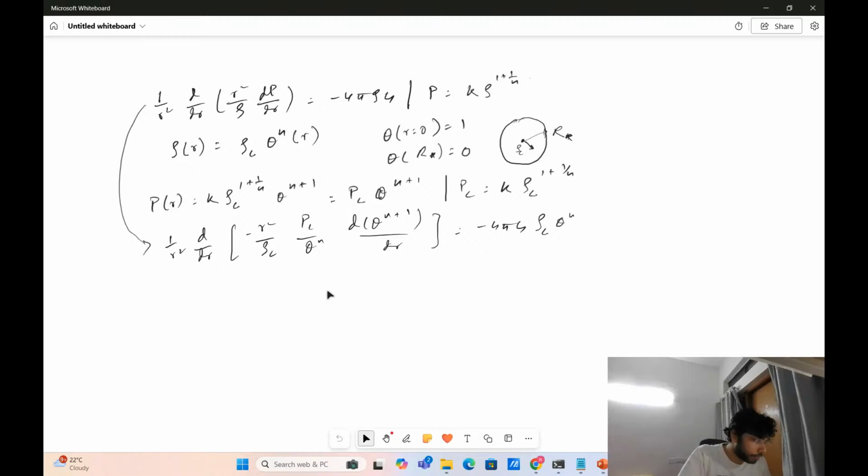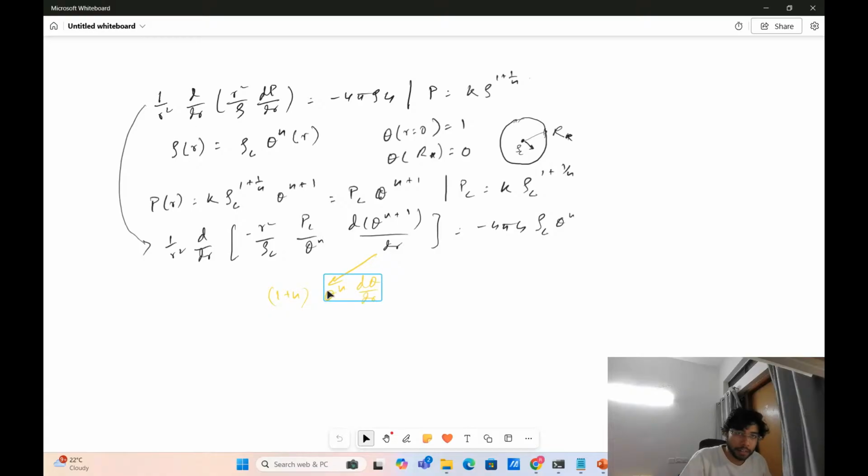So okay, now another thing. This term d theta to the power of n plus 1 dr is basically 1 plus n theta to the power of n d theta dr, right?